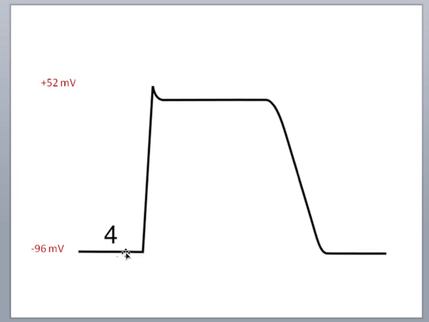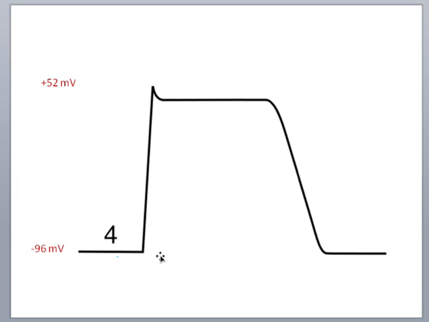What's happening in this situation is your sodium channels are closed, your potassium channels are leaky, so they're constantly allowing potassium to flow out of the cell, which causes the cell to become negative, because if we have a positive ion in that cell and that positive ion leaves, the cell loses positive, so it becomes more negative.